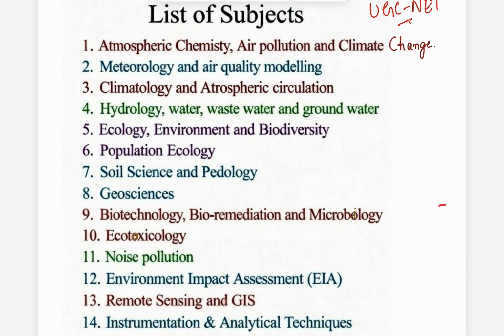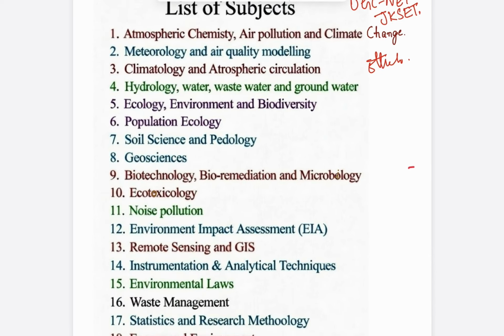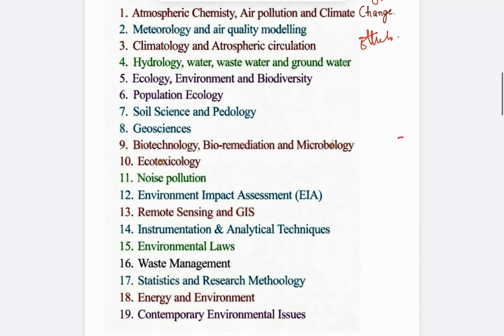Then we have referred to the JKSET syllabus. Then we have referred to other examinations in which environmental science is part of their syllabus, and then we have compiled all these components into a list of about 19 subjects. In the upcoming videos, we will be tackling each subject one by one.